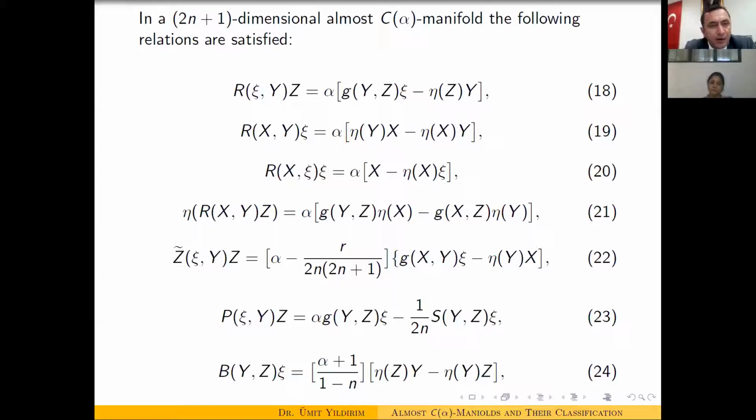Equation: R Xi Y Z equals alpha g Y Z Xi minus eta Z Y, and similarly we found the other equations. In this equation R is the Riemannian curvature tensor, tilde Z is the conservative curvature tensor, and P is the projective curvature tensor.